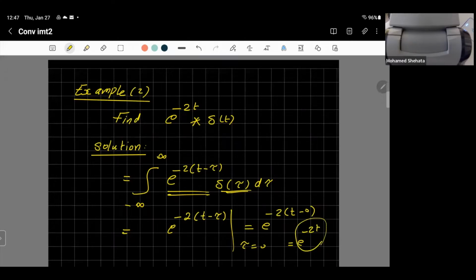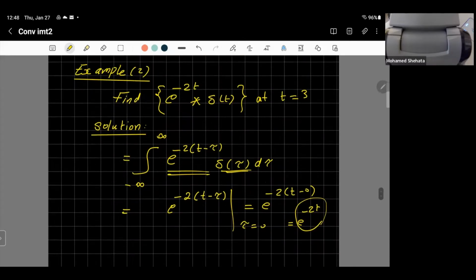If you are asked to find the value of this mathematical relation at t equal 3, first, don't substitute by t here.